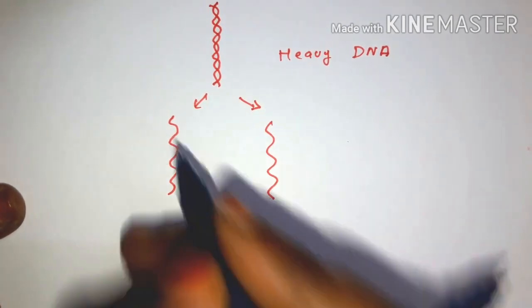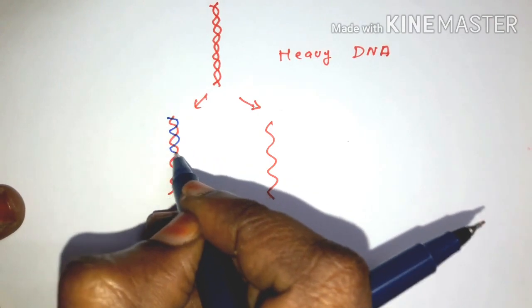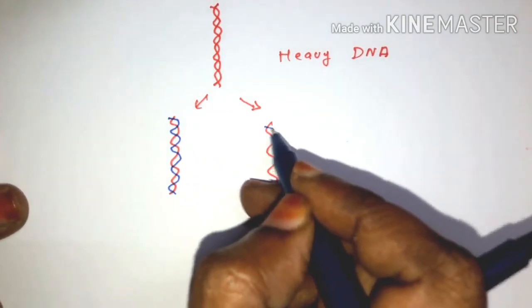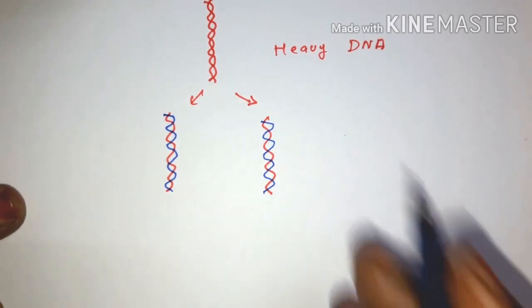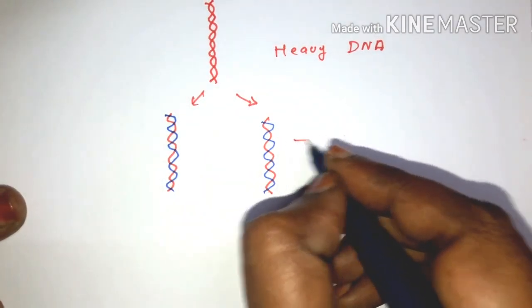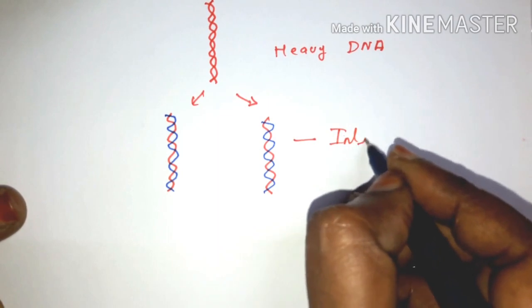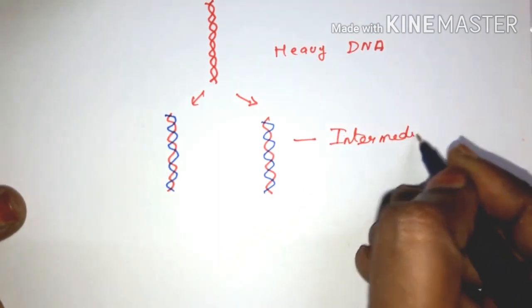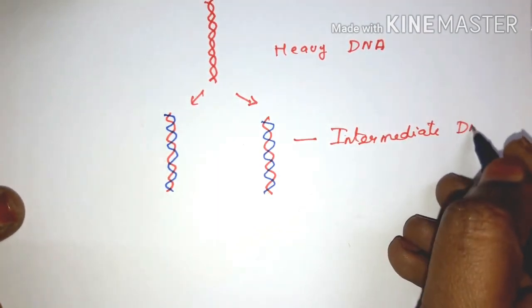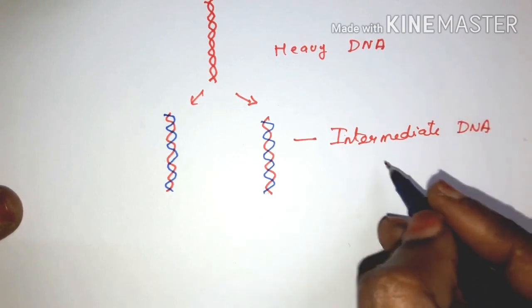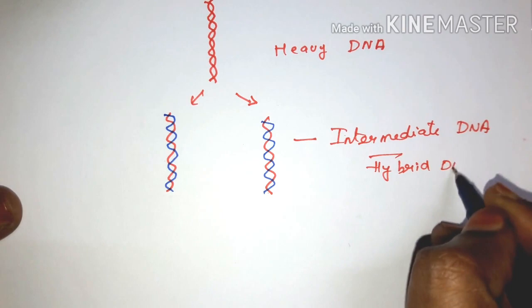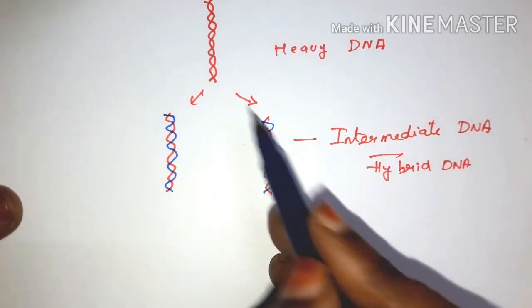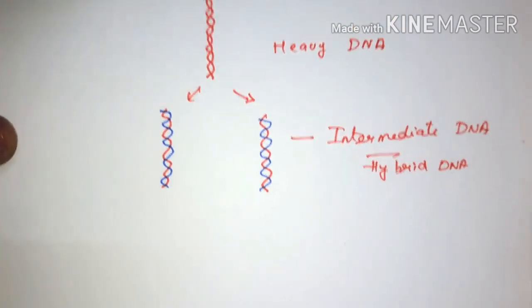So there is one more formation, that is intermediate, not the light band. This is said to be hybrid DNA, because they have the new and also the old one.